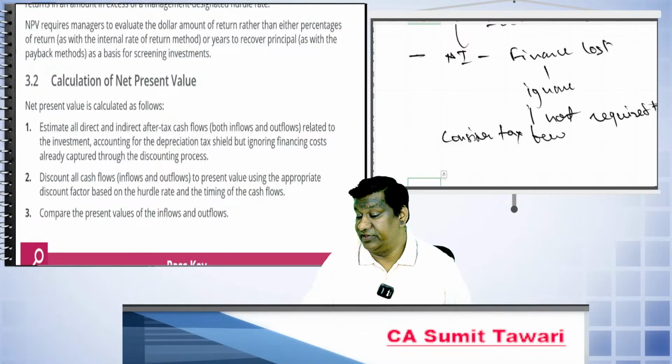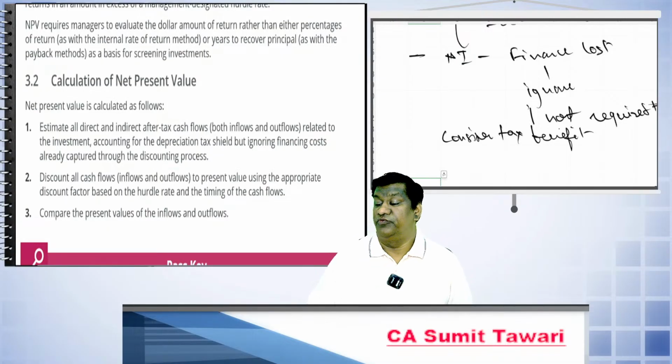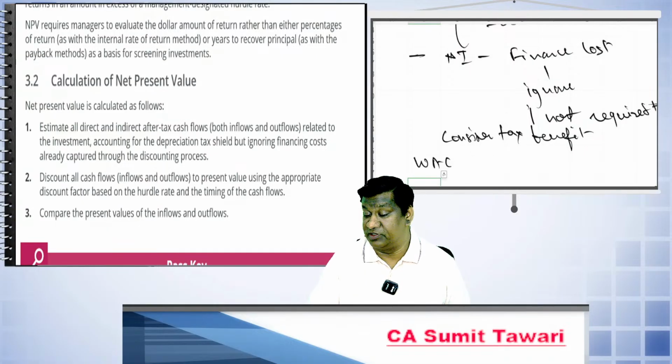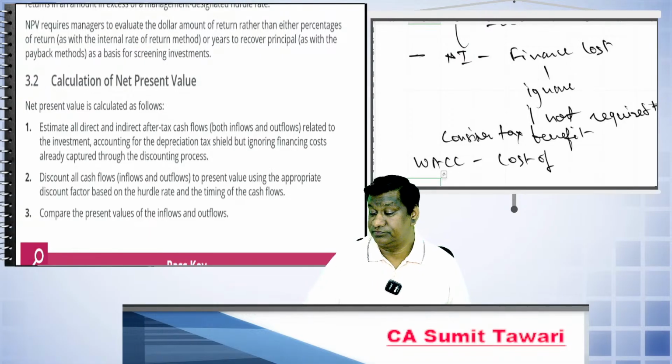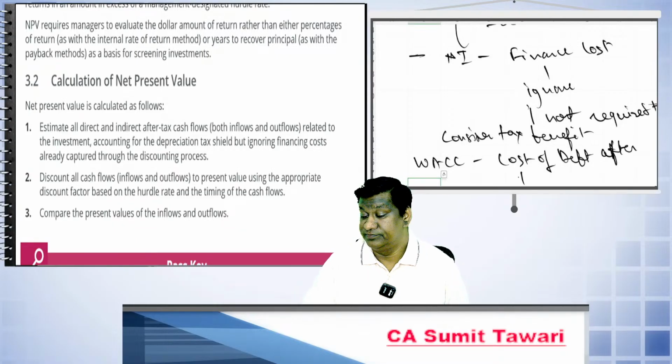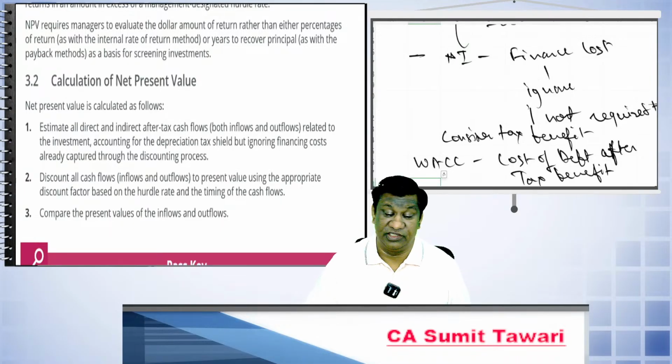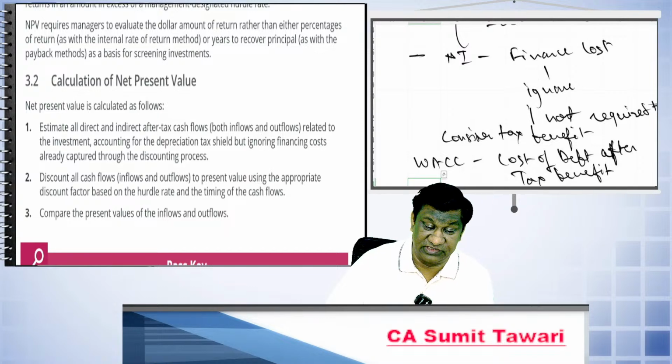Okay, so why are we not required to consider it for tax benefit? Because when we calculate the weighted average cost of capital, we already consider the cost of debt after tax benefit. So again, we do not require to consider the interest value or the financing cost.